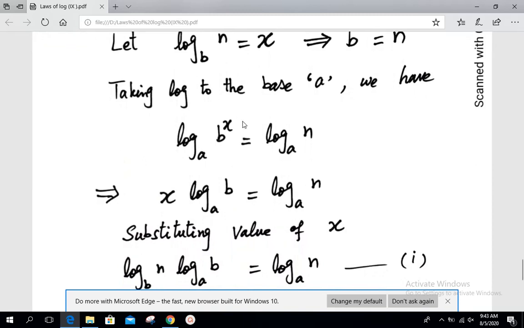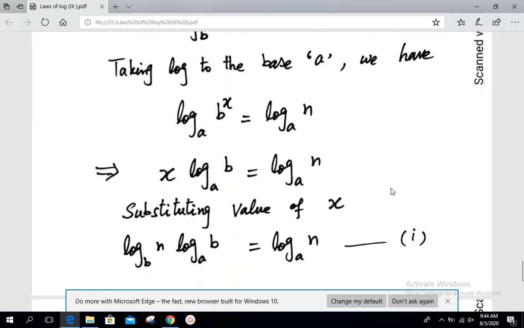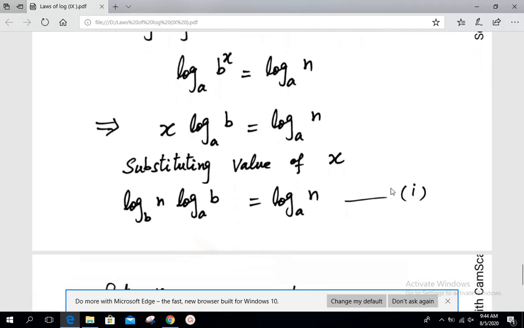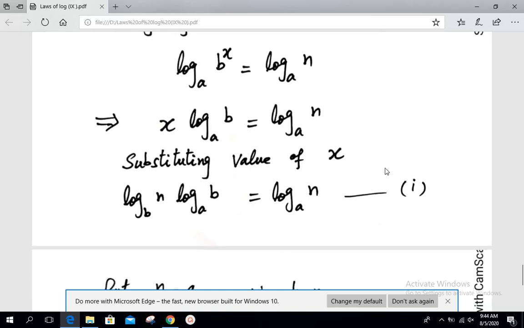Viewers, here observe that it is in the form of the third law of logarithms. So the power comes in front. It can be written as x log b with base a is equal to log of n with base a. Now substituting the value of x, we get log of n with base b into log of b with base a is equal to log of n with base a. This is my equation number 1.